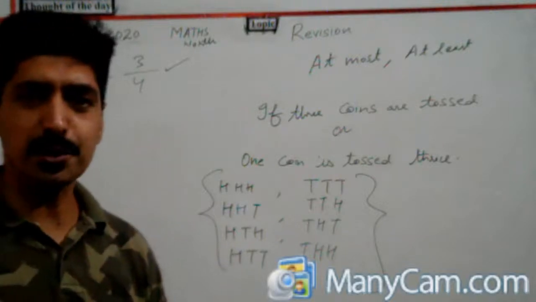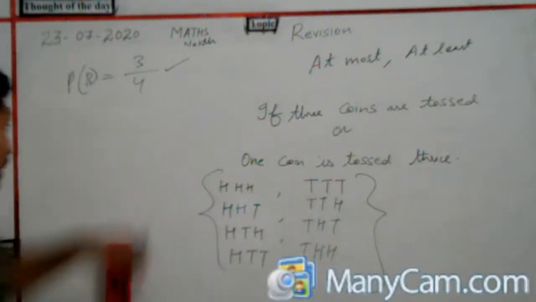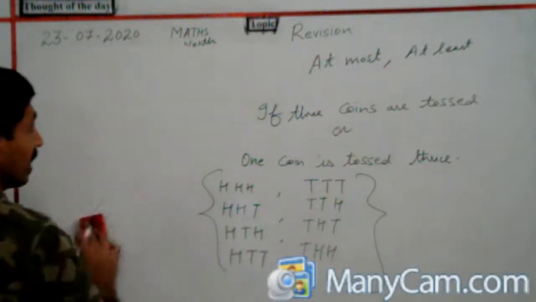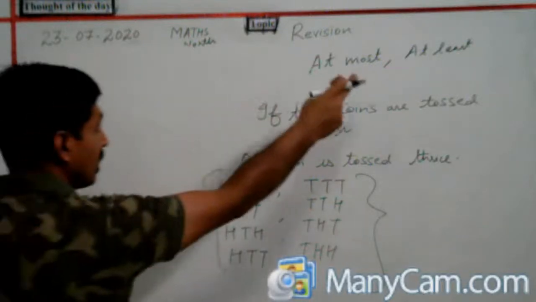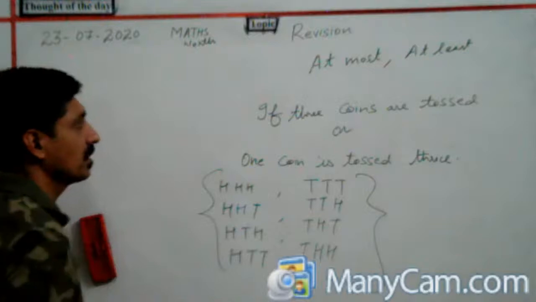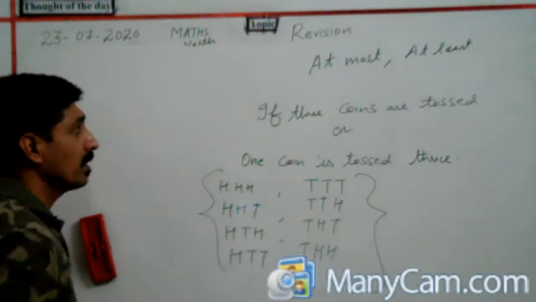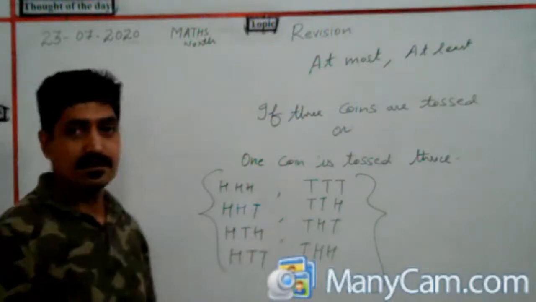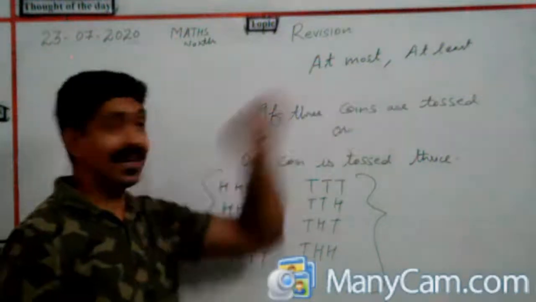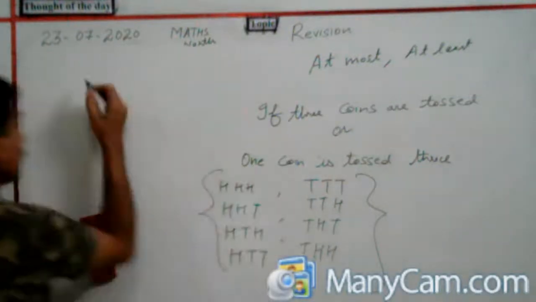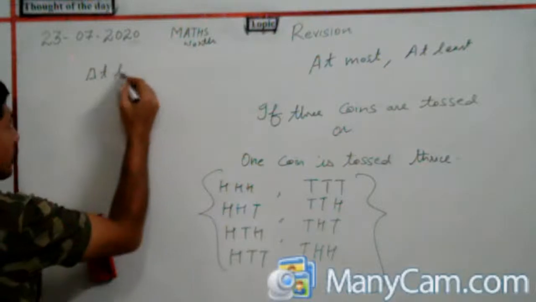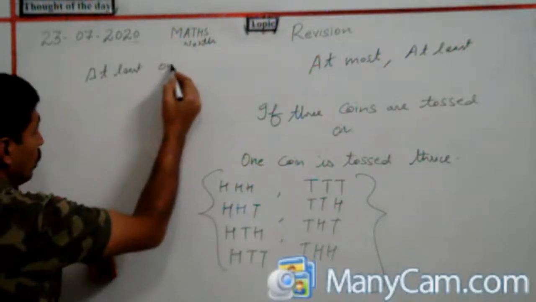Now say my question is, what is the probability of coming at most 2 tails, or at least 1 tail? Probability of at least 1 tail.